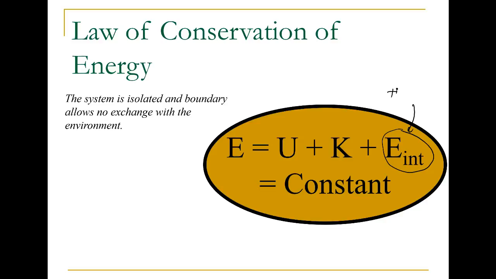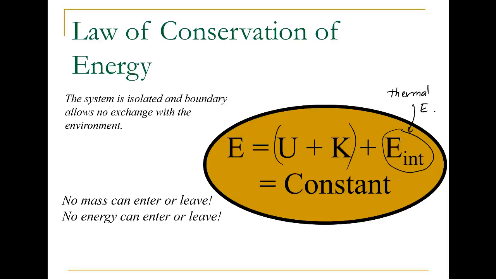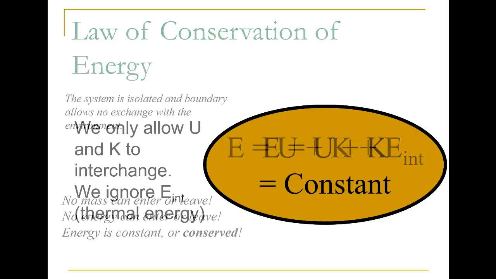Okay, so this is kind of like a thermal energy, if you will. So we won't get too much into that, and for the most part we're going to assume that systems are made up of point particles that don't really have thermal energy, and we'll just be looking at U and K. So we're going to say that no mass can enter or leave, no energy can enter or leave, and therefore energy is constant or conserved for a system.